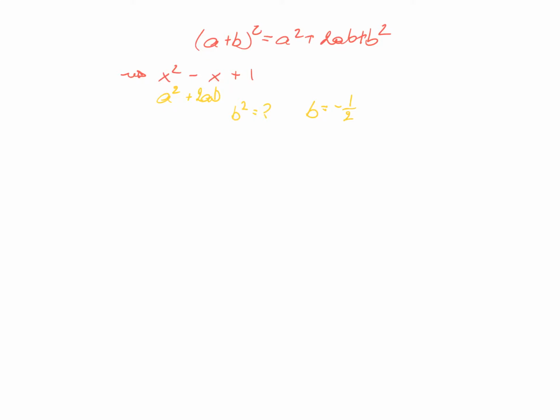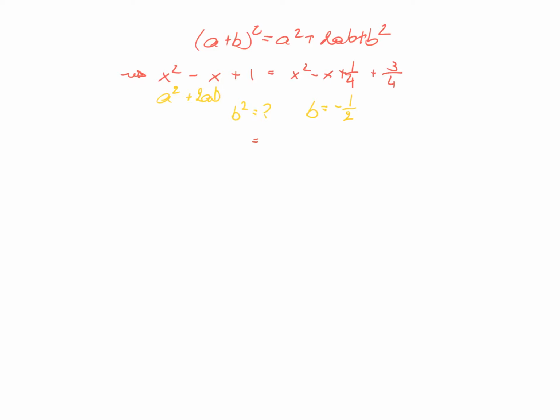So x squared minus x plus 1 is equal to x squared minus x, and now we need 1/4 to complete the square, so to make it a full square. And then we have 3 over 4 left. Because we have a constant term of 1, we split this as 1 over 4 plus 3 over 4.